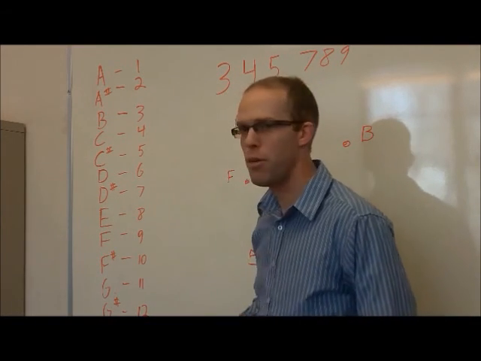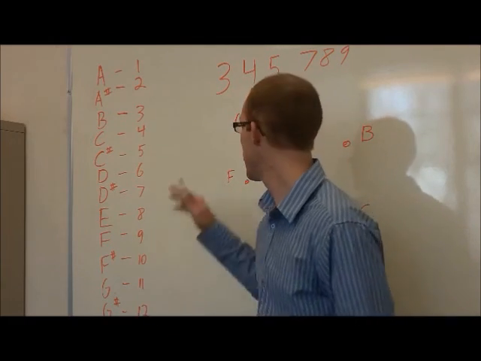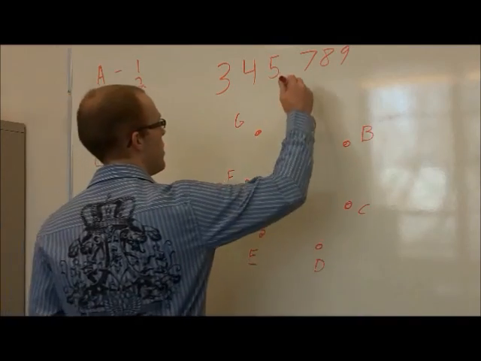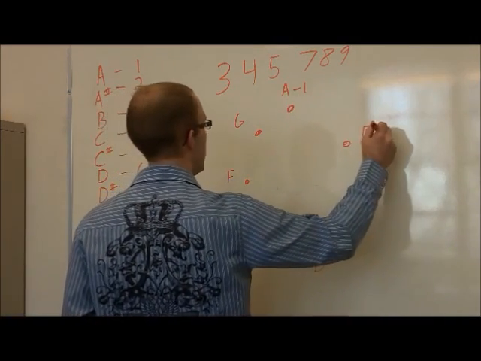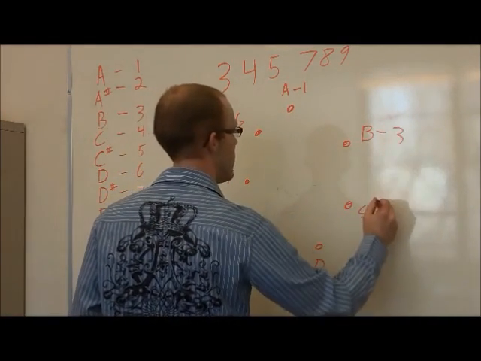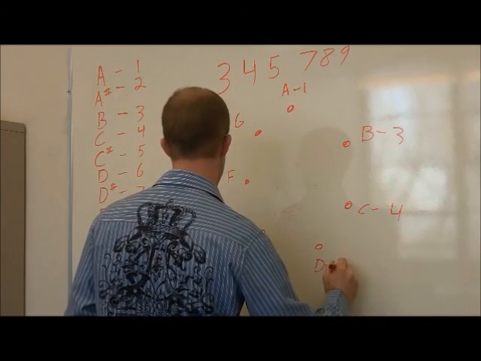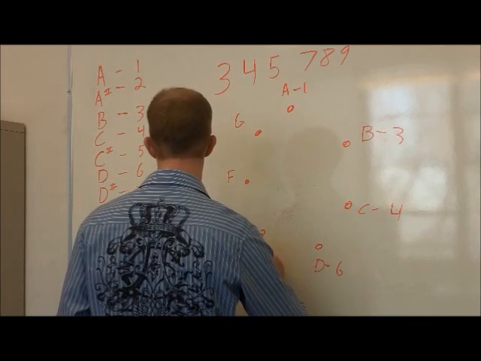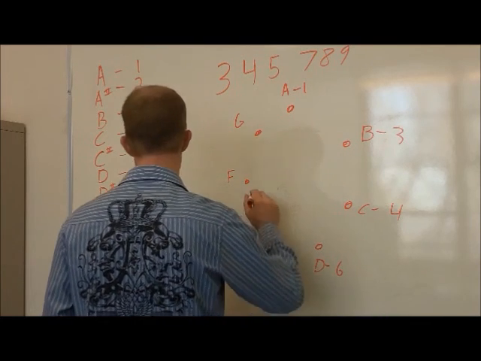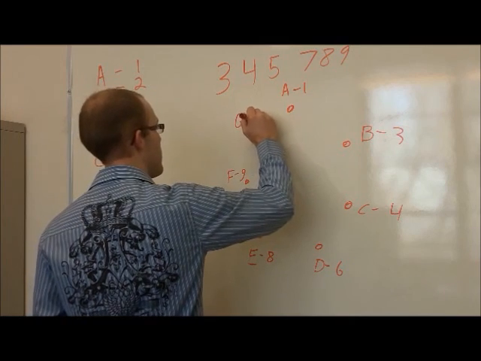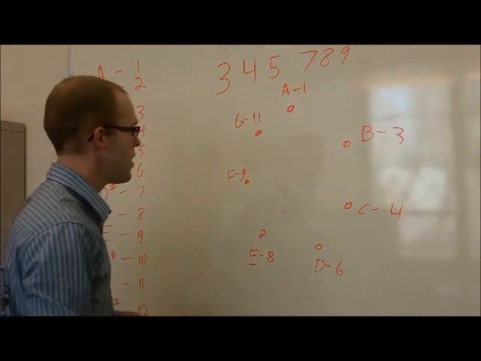So let's write down the numerical value for our notes in our little picture here. A is going to be 1, B is 3, C is 4, D is 6, E is 8, F is 9, and G finally is 11.